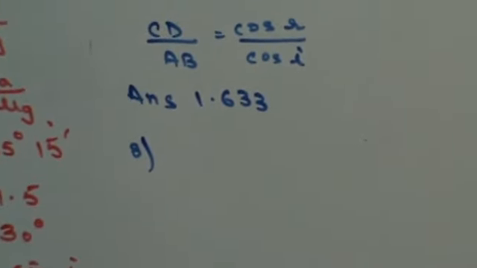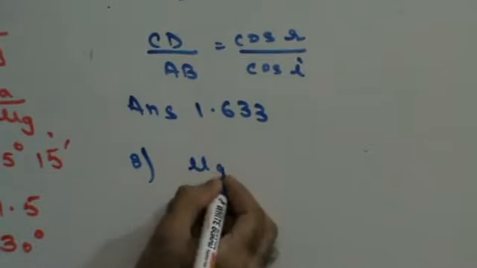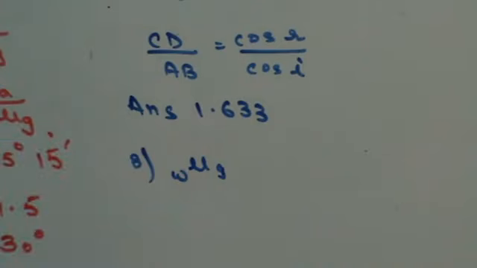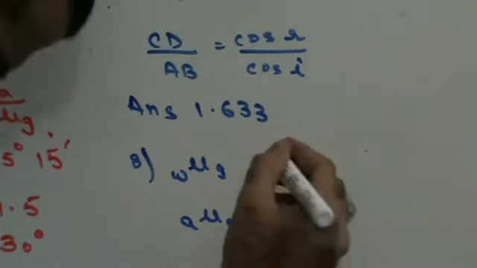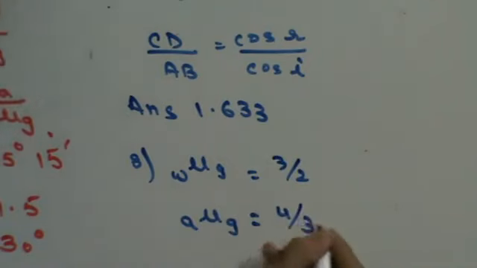The refractive index of glass with respect to water and with respect to air is 3/2 and 4/3.